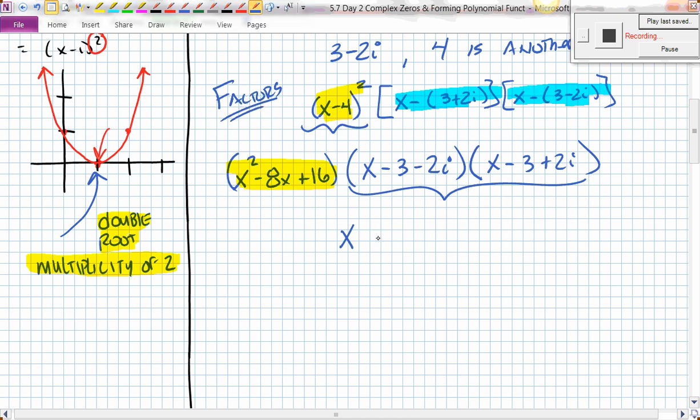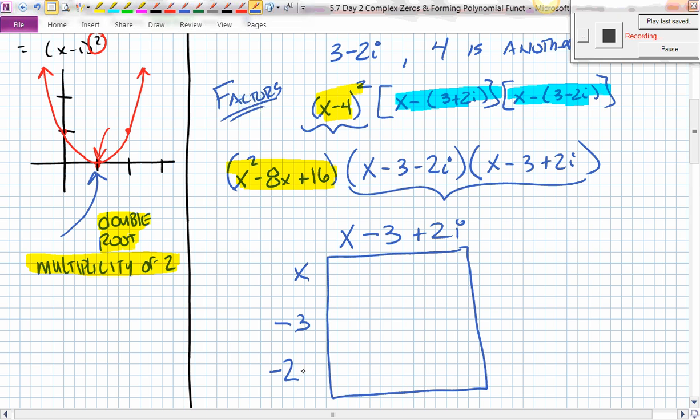So I'm going to have x minus 3 plus 2i on the top, and then x minus 3 minus 2i on the left. Now you don't have to use the box. You could also use the distributive property 9 times, but I find the box is a lot more user-friendly for me.